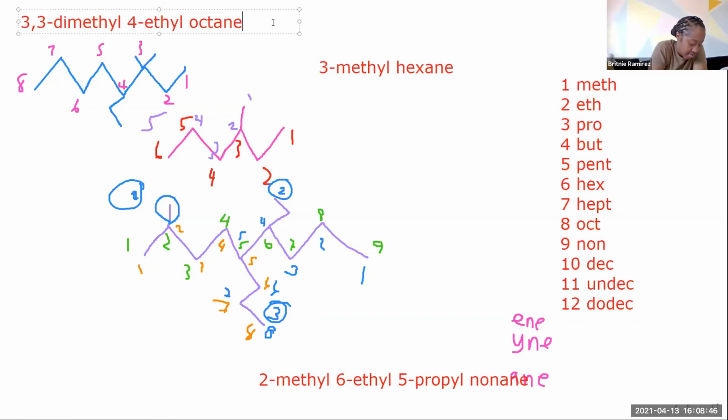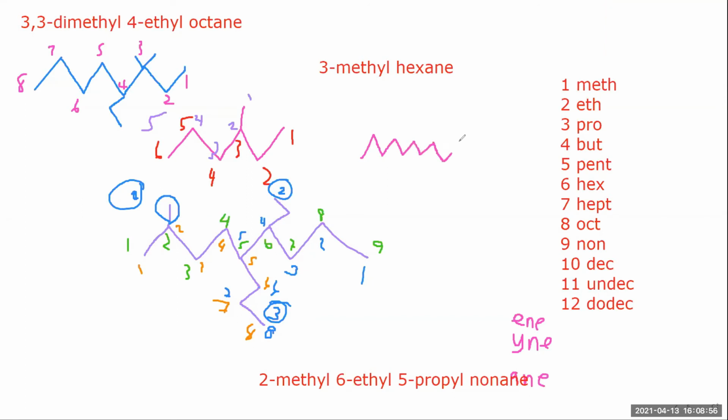So let's do one more for the road. Dimethyl is because there are 2 of them. There are 2 methyl chains. Methyl is a 1-carbon branch.